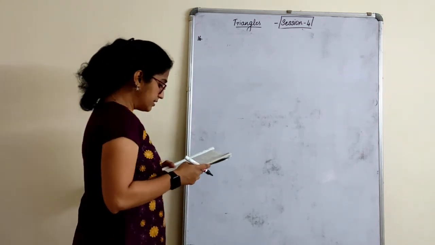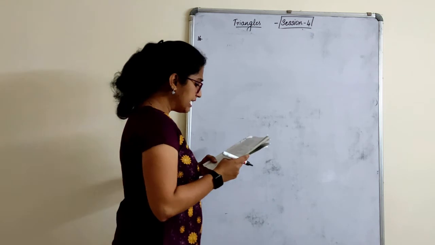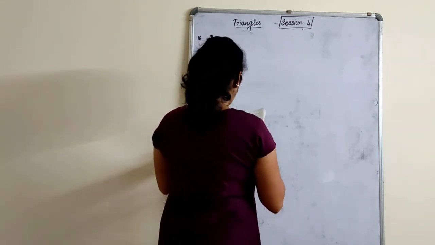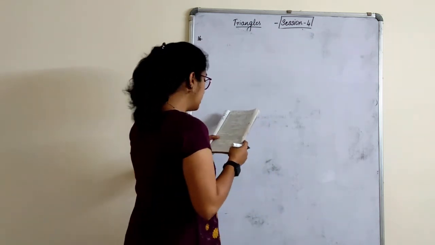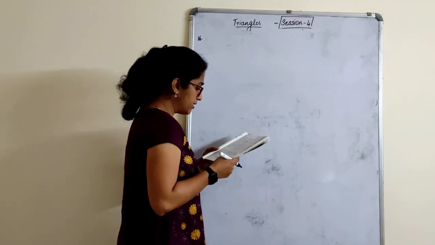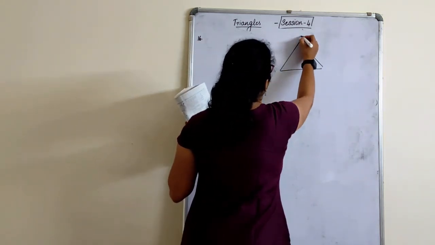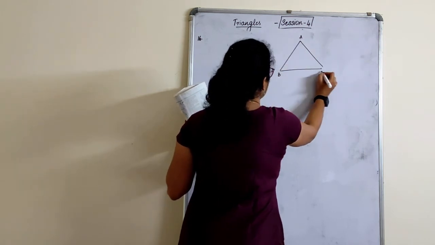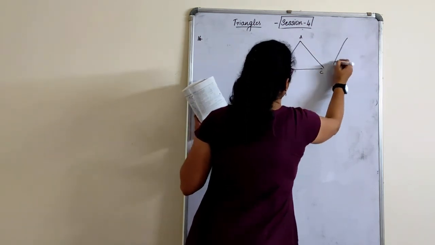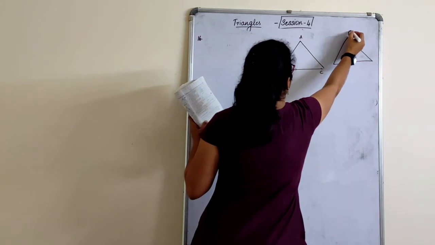16th one and the last one. If AD and PM are the medians of the given triangles ABC and PQR respectively. So let us first draw. Don't worry, this is not like the 14th one. It is a very simple one.